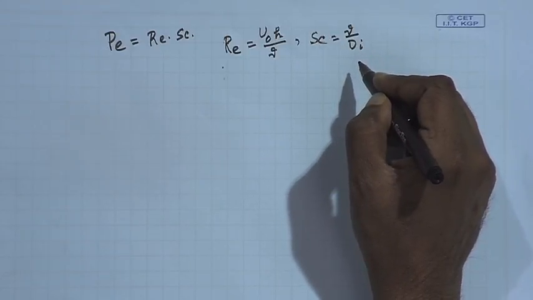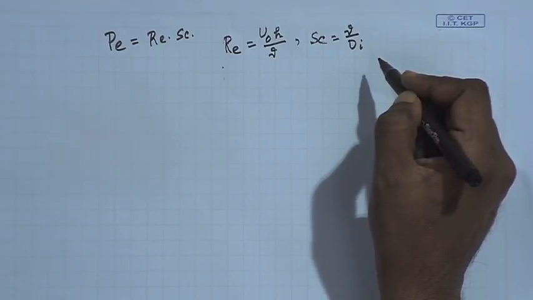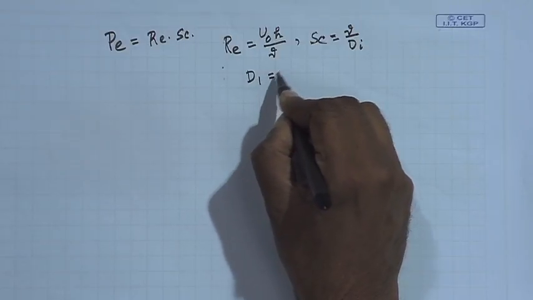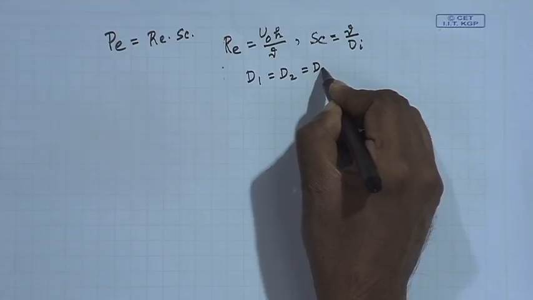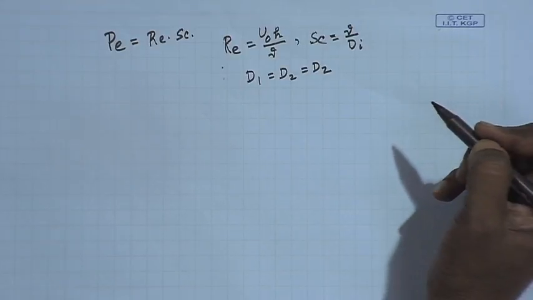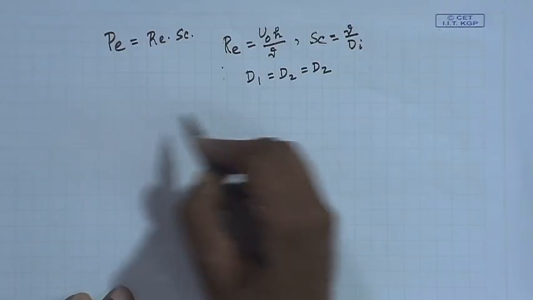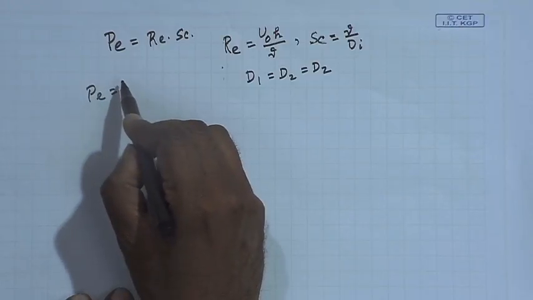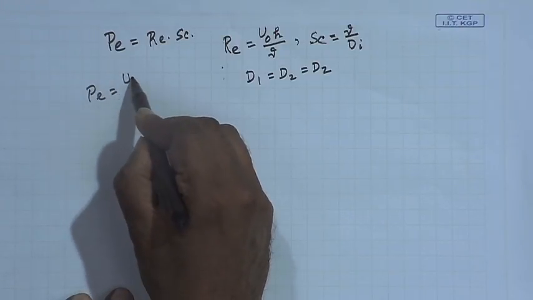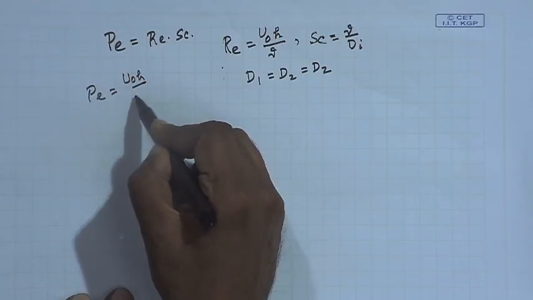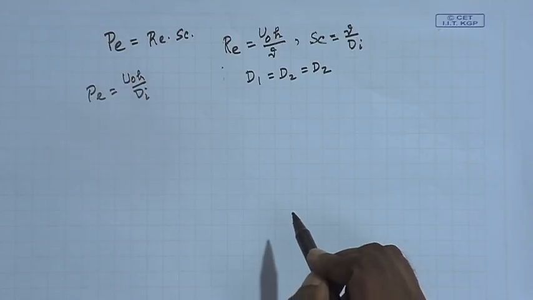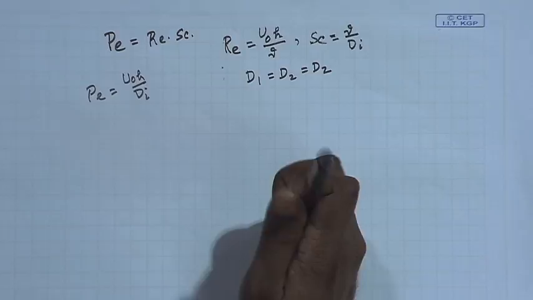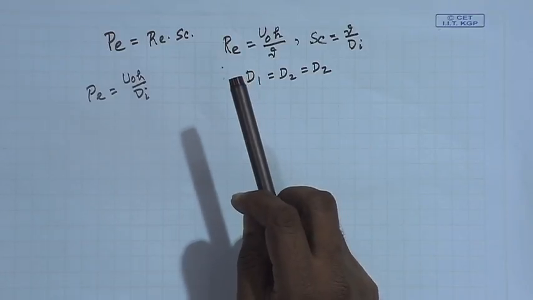Here we have taken Di for a binary electrolyte, and if I consider D1 equal to D2 equal to D, so the diffusivity of all the ions is the same. In that case, this non-dimensional number, the Peclet number, becomes u0 h by Di. This is basically the ratio of the advective transport of the ion to the molecular diffusion transport. So, this is how the Peclet number occurs.